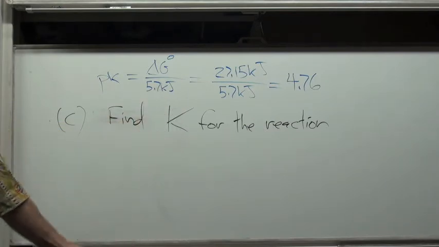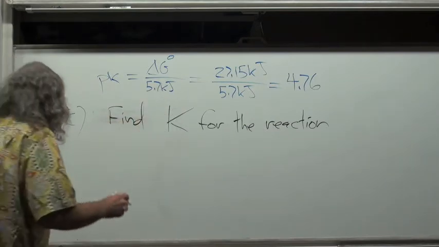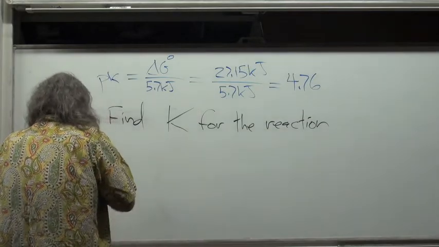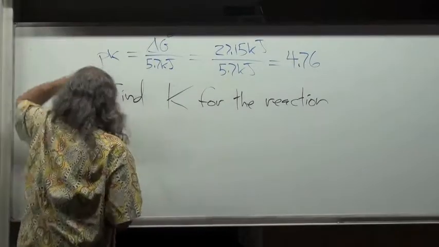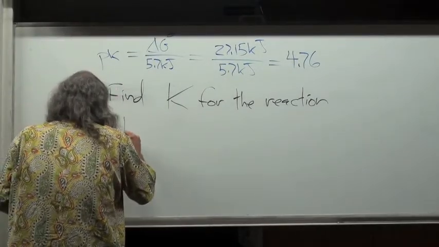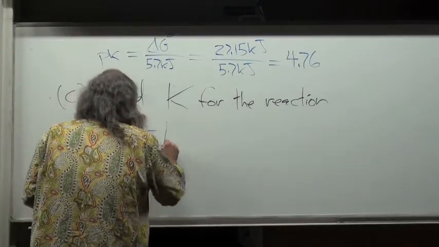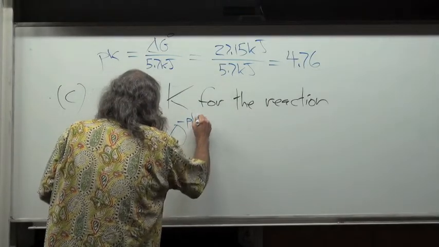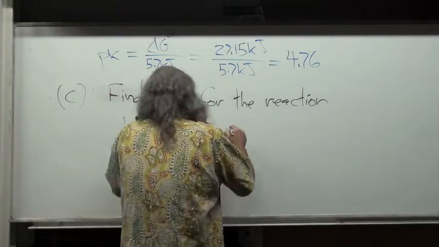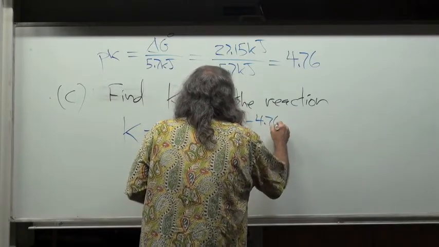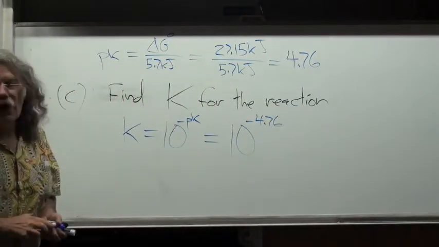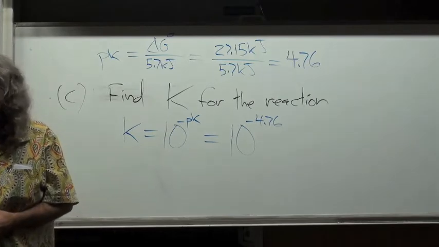What is K? 10 to the negative pK. So K equals 10 to the minus pK equals 10 to the minus 4.76. So that answers that question.